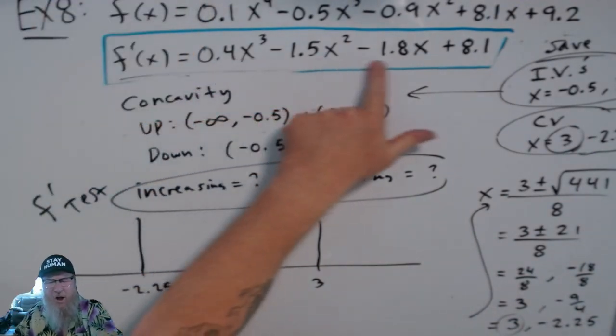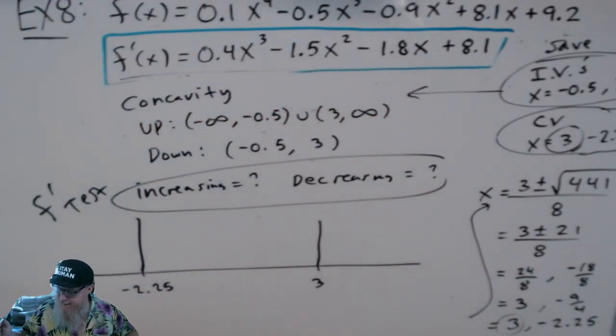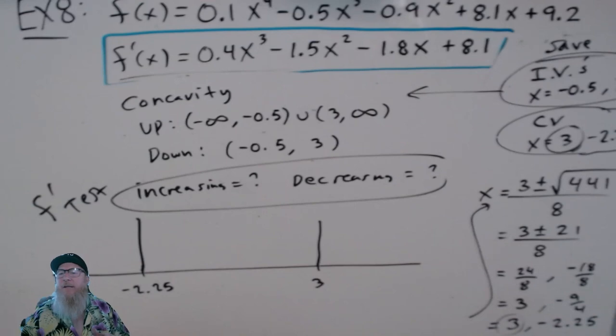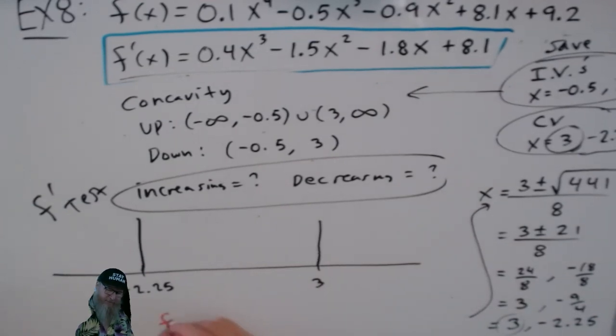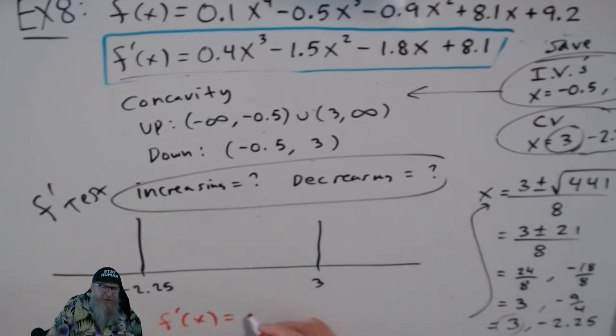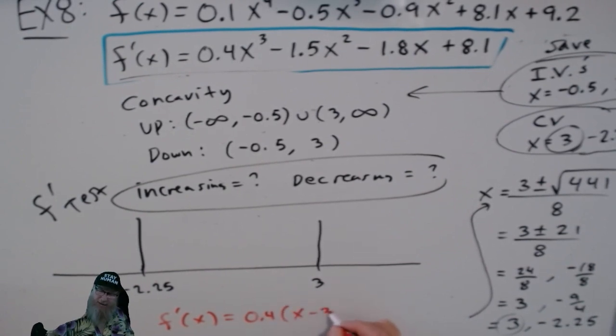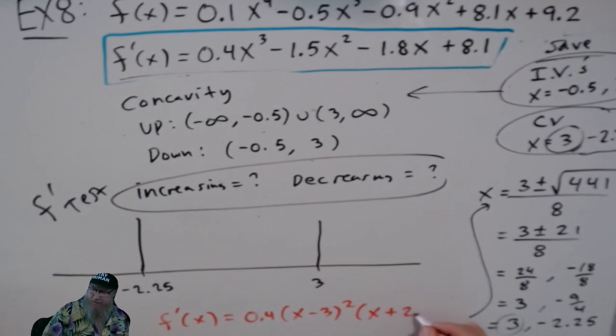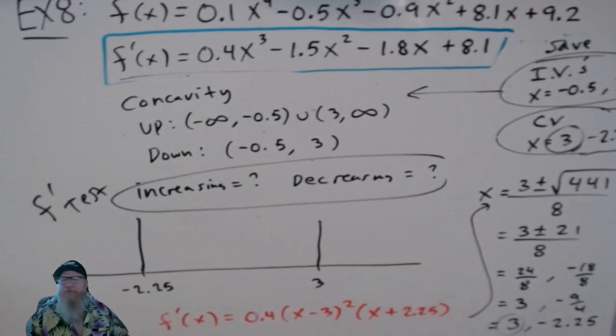I have the long version of the function, or I also have a shorter version of it. Now that I know the factors, it's going to be 0.4 times x minus 3 squared times x plus 2.25.